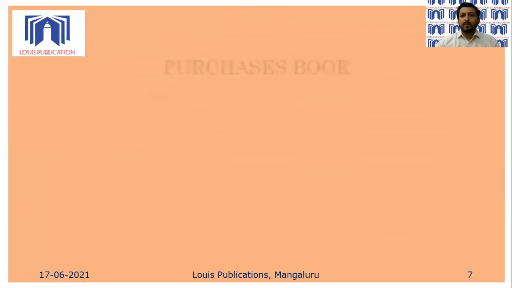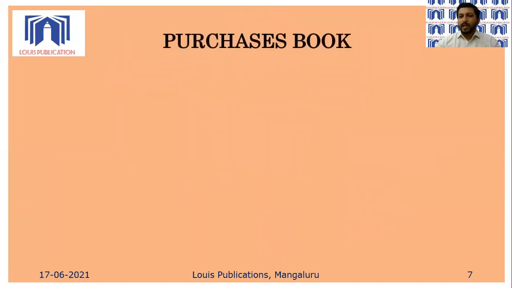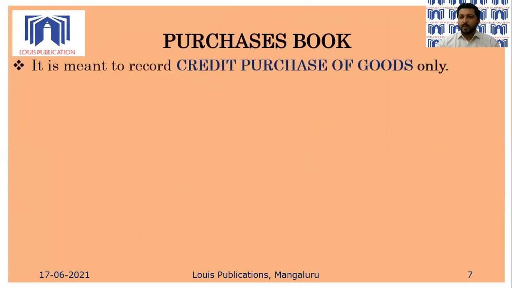Let's look at the first type of subsidiary book, and that is the purchases book. As I mentioned earlier, the purchases book is meant to record credit purchases of goods only. That means cash purchases of goods are not recorded here. Remember, I said cash, so cash book.